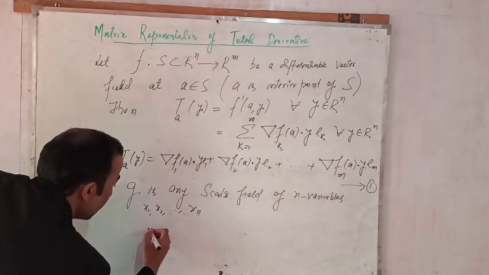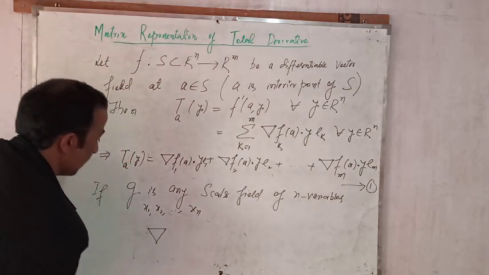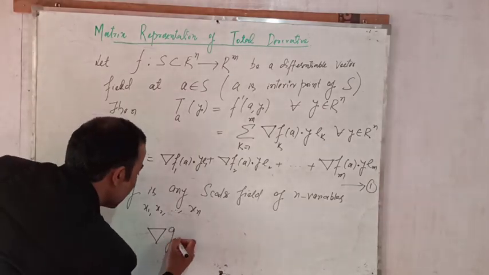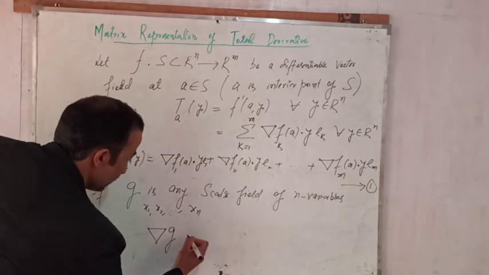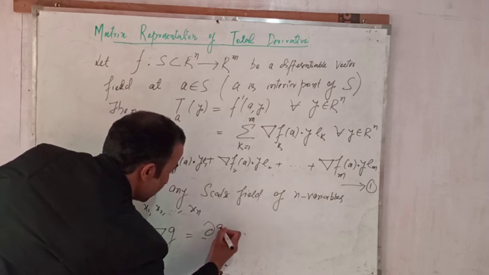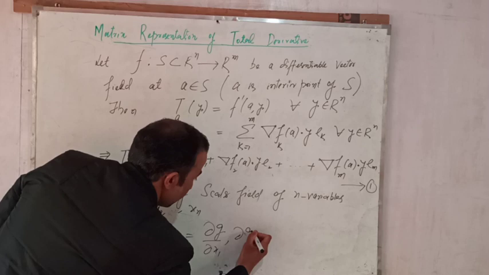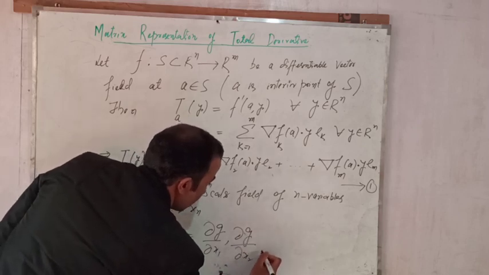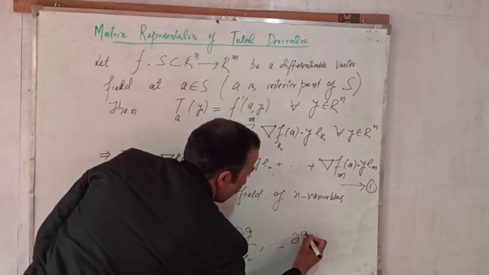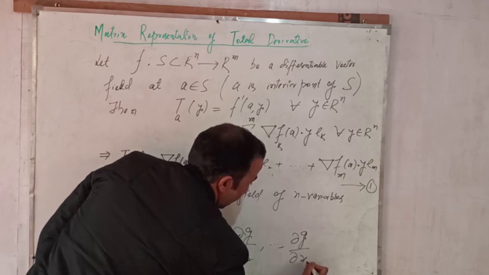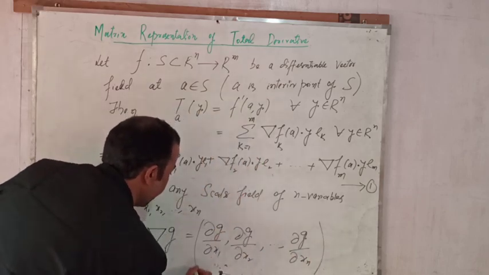Then remember, when we apply this gradient to g, it means del g by del x_1, del g by del x_2, and so on, del g by del x_n. This is the meaning of this gradient.